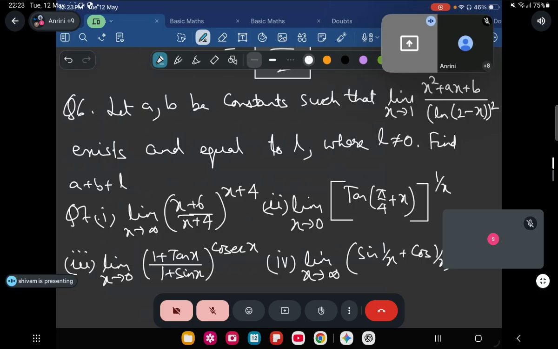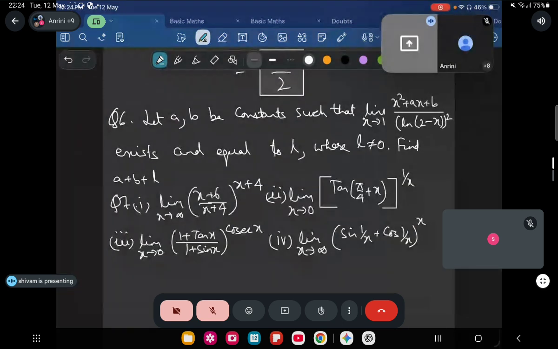Okay, let us start, everyone. Let a, b be constants such that limit x tends to 1, (x square plus ax plus b) upon (ln of (2 minus x)) whole square exists. So we need to understand when will it exist. Pay attention.